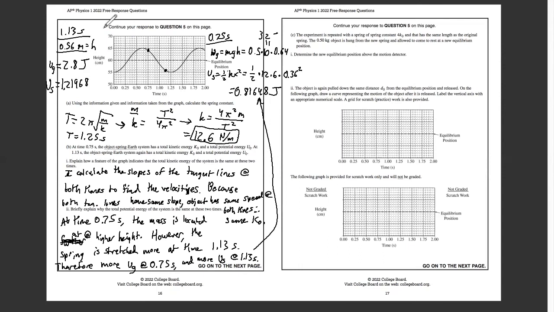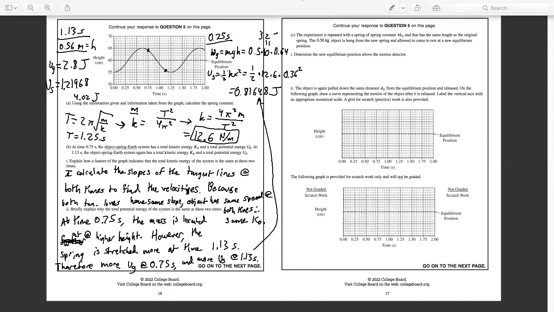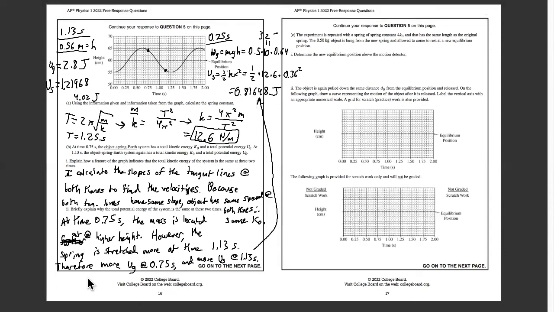If I add both of those values together, I get approximately 4.02 joules at 1.13 seconds. And then if I add the values at 0.75 seconds, I'm at approximately 4.02 joules again. So adding both of these together would get me a total of 4.02 joules.